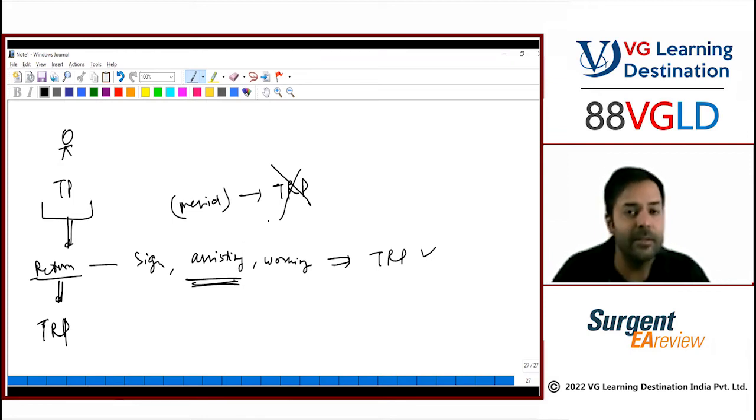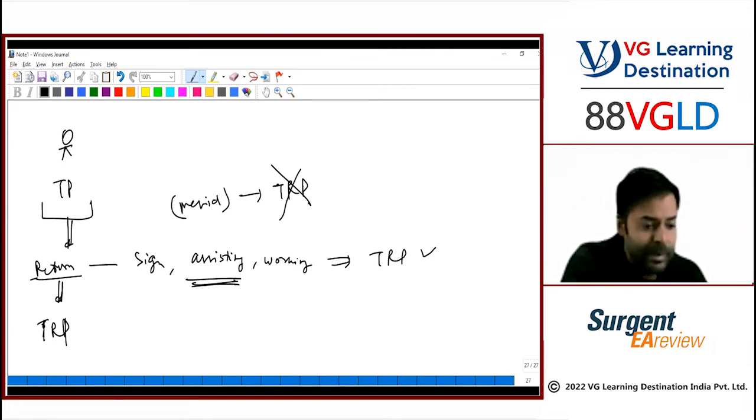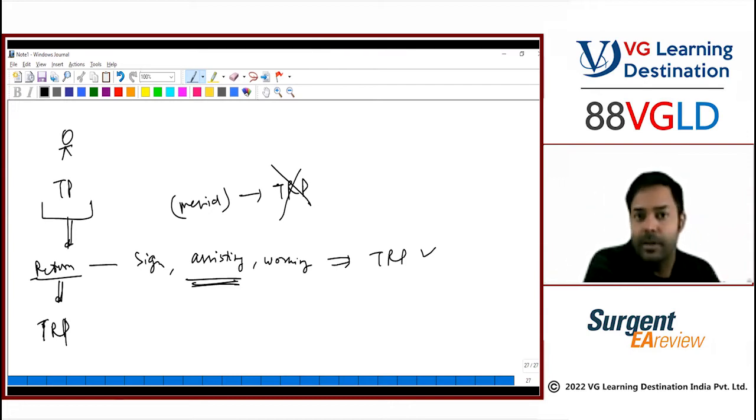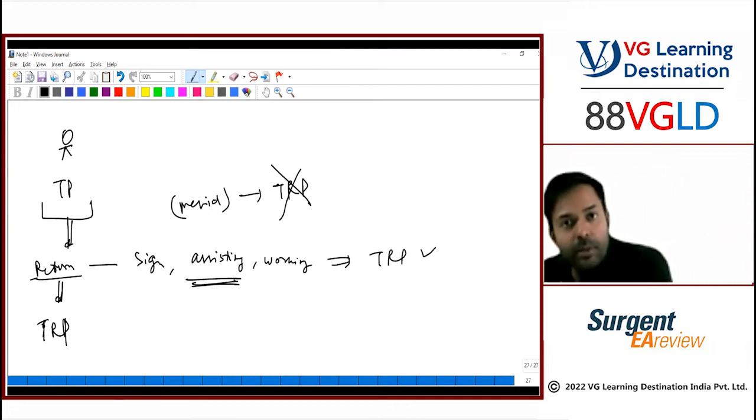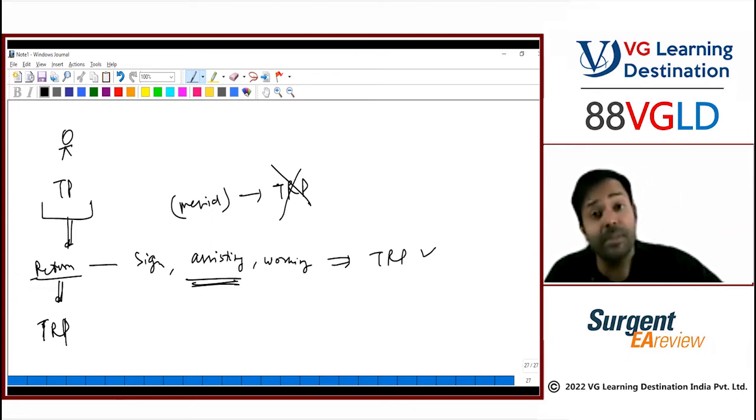For example, there is a photocopier in your office, and that person is just photocopying all the previous returns of the client. You can't say that the photocopier is going to be the TRP. Or someone who is just copying and pasting the data from the personal records of the client into the return. You can't say that person is also the TRP.